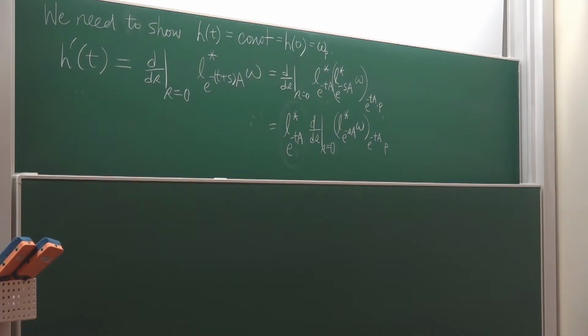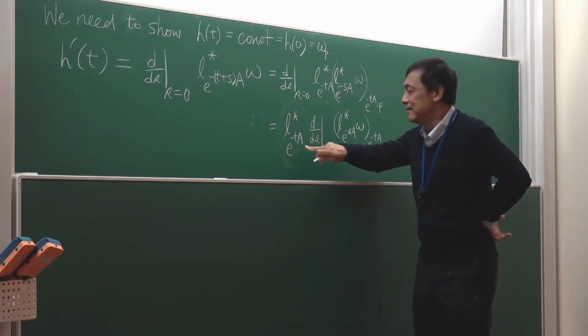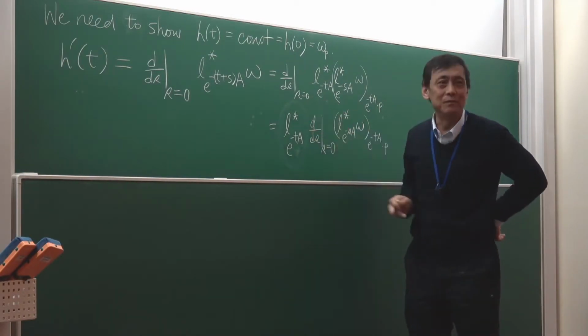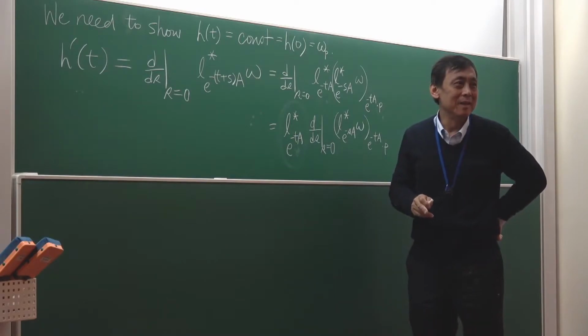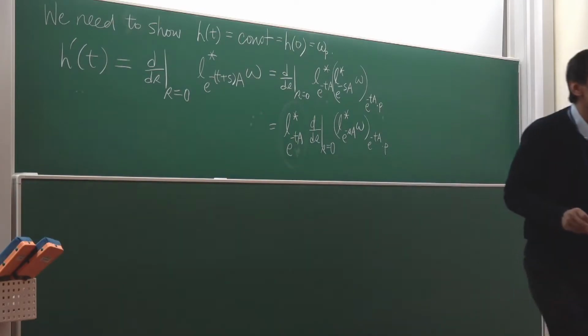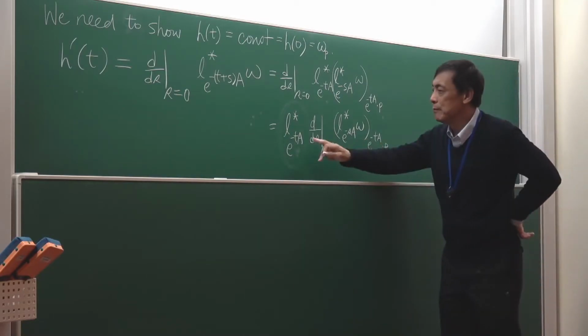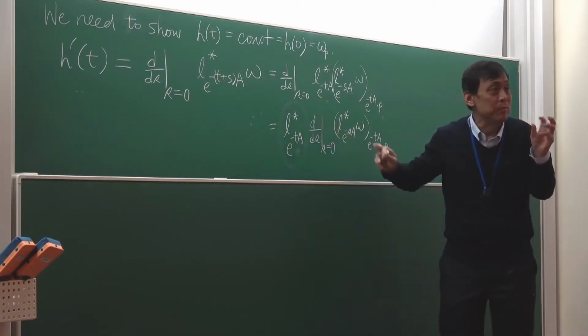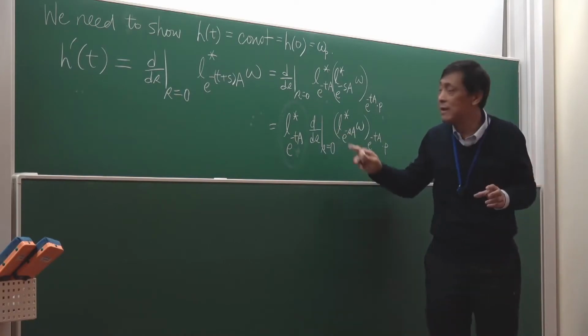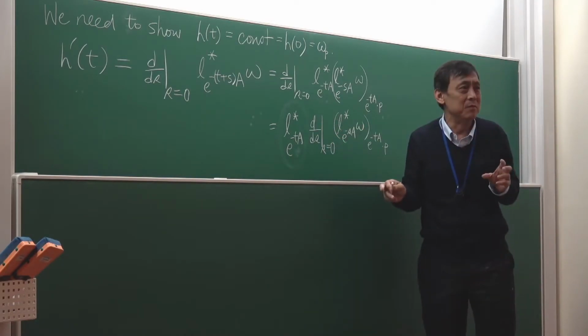I'm looking for one word. This has a property that allows you to do this. No, the pullback commutes with the exterior derivative, but we don't have the exterior derivative here.